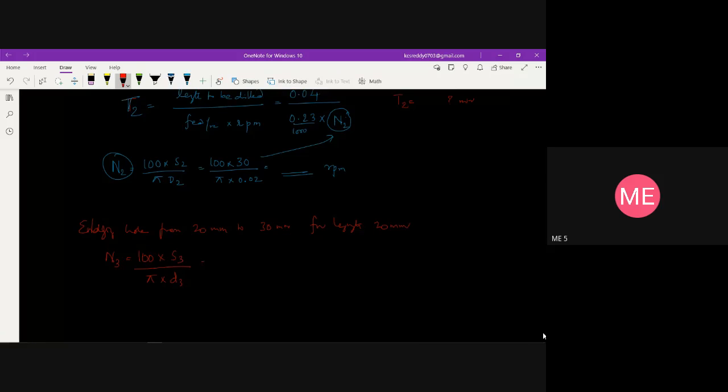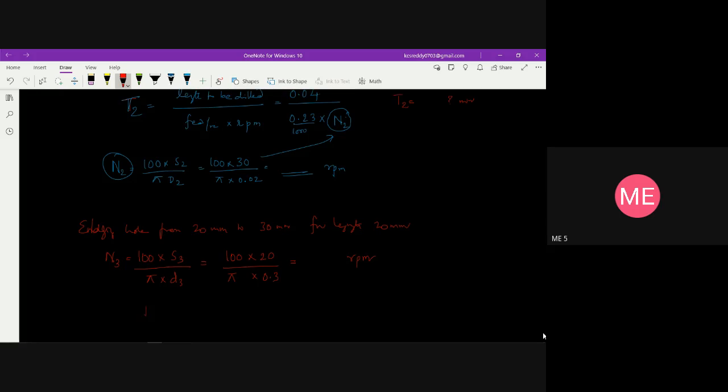So you have to take d3. Now the speed is given as 20 meters per minute, and pi into d3: we are enlarging the hole from 20 mm to 30 mm, so totally d3 is 30 mm, so 0.03 when I convert into meters. Then you are going to get the speed in terms of RPM.